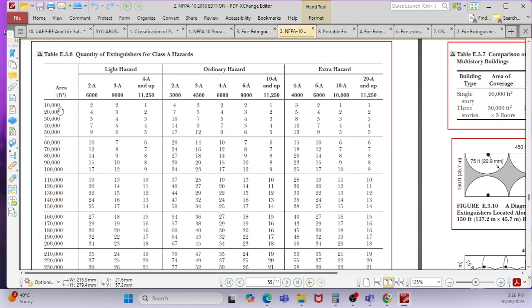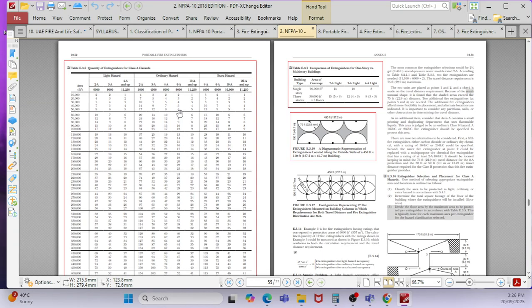If you have an area of 10,000 square feet, then you have to use two fire extinguishers. Clear? If you have an extra hazard and 10,000 square feet, you cannot use 2A or 3A. Starting from 4A only. And if you have an ordinary hazard, yes, you can use 2A, but it can cover only 3,000 square feet. So instead of 2, you have to use 4 if you have ordinary hazard. So this is the calculation.